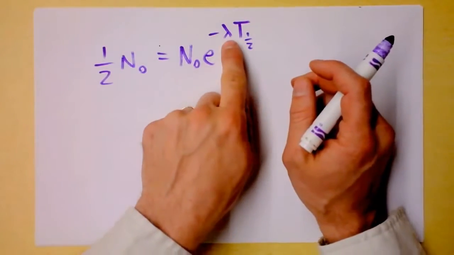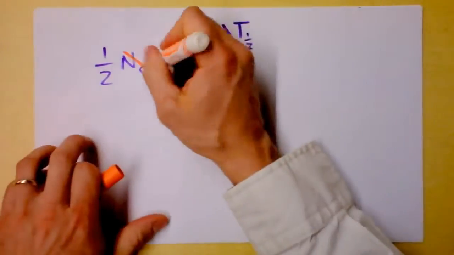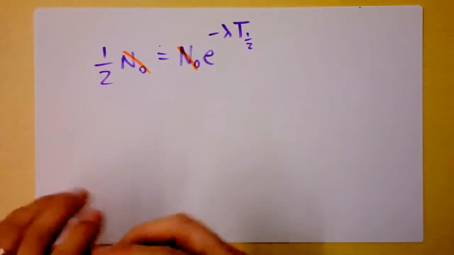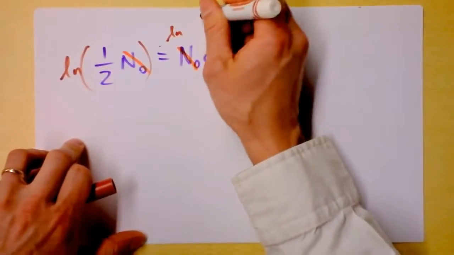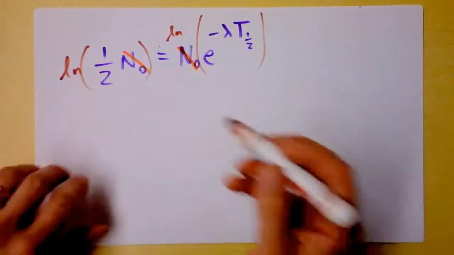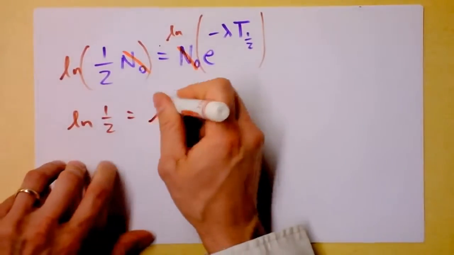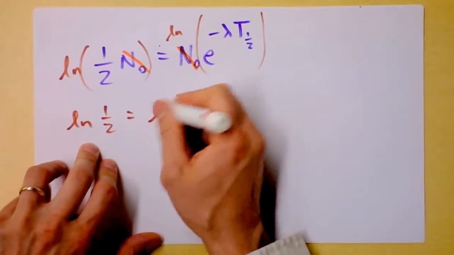I'm assuming that I know the decay constant, so I'm just going to do a little bit of algebra. I'll note first that N naughts cancel out, and then I can take the natural log of both sides. I take the natural log of this side, I take the natural log of this side, and that gets rid of my exponential, because the natural log is the only thing that can kill an exponential. I have the natural log of 1/2, and that is the natural log of e to the, oh man, no, that's all dead.